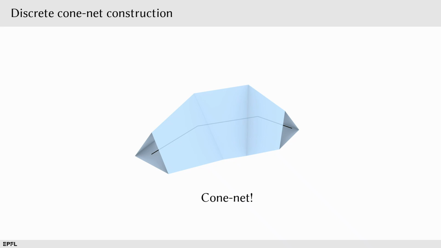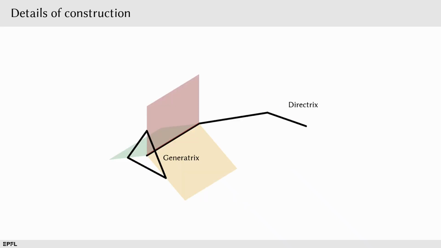Thanks, Michele. So, as Michele mentioned, we'll look at the cone construction in greater detail. It is happening sequentially. So, starting from an initial generatrix and directrix, we first deconstruct the planes that are spanned by the first edge of the directrix and points on the generatrix.